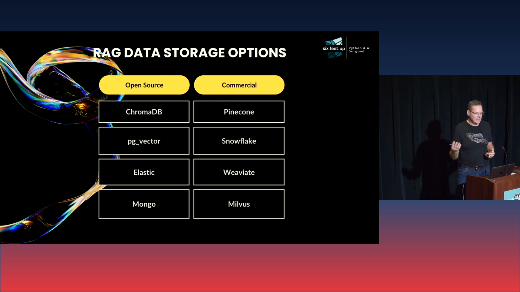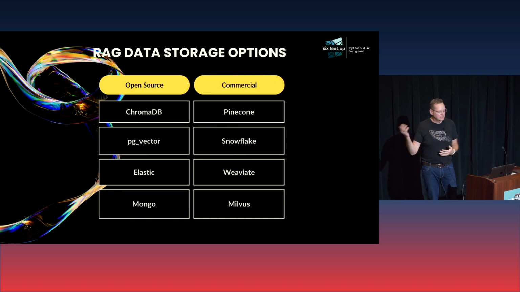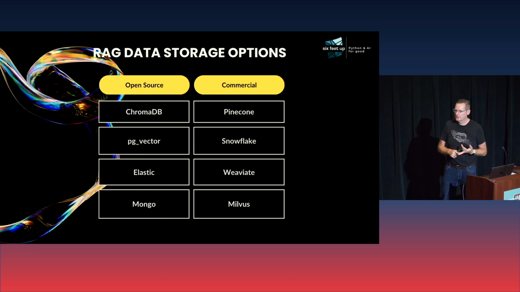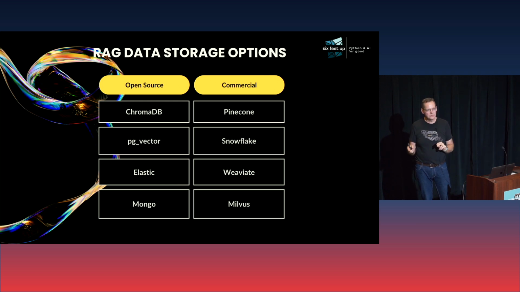There are options from Elastic and Mongo, so you probably can talk to the Elastic folks right outside this door. And then the commercial versions. I put Weaviate and Milvus in the commercial side of that. They are open, but with a commercial option. So again, be careful as you choose based on licenses. Be careful as you choose based on the activity and the vibrancy of the communities.